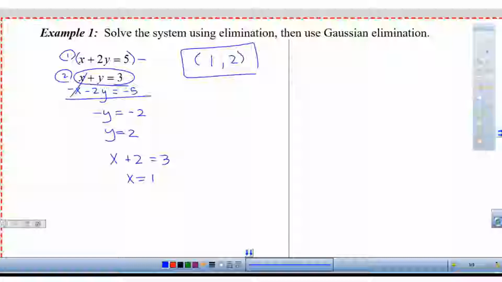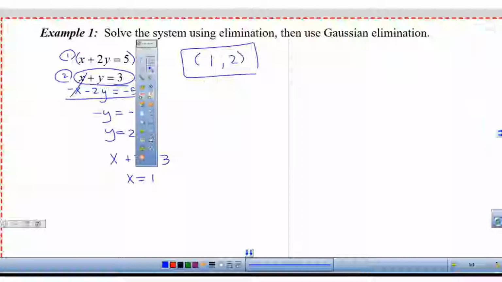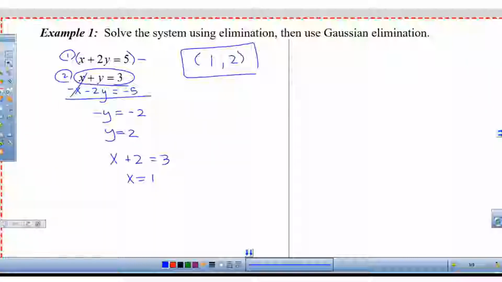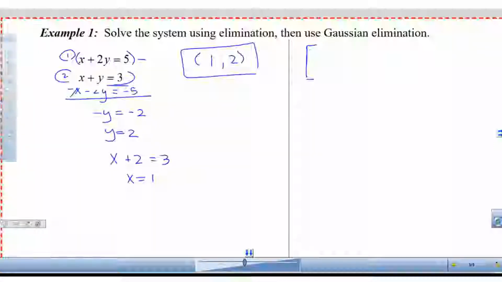Okay, now I'm going to solve the same system of equations, but now I'm going to use Gaussian elimination. So everybody come over here to this side, and you're going to make a matrix. Matrix A is right here. If you look at that original problem, matrix A is just these numbers right here.